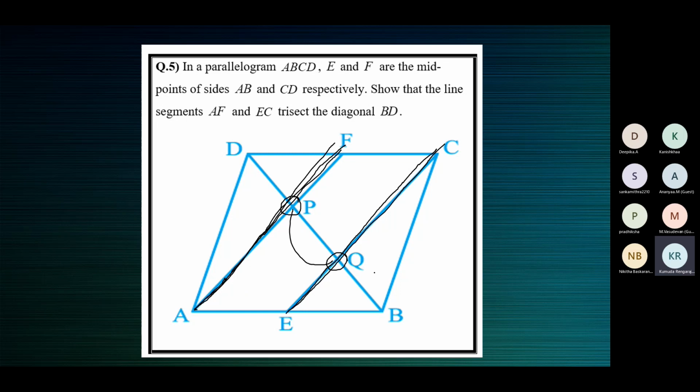With respect to the points P and Q, you can say prove that P and Q are the points of trisection of BD. That is, point P and point Q trisect the diagonal BD.